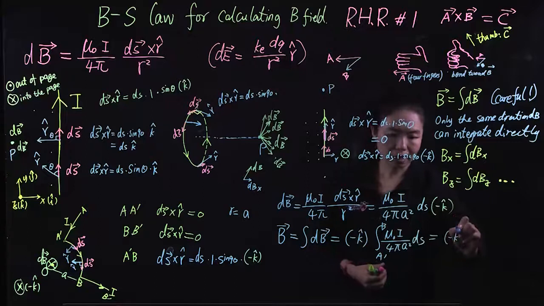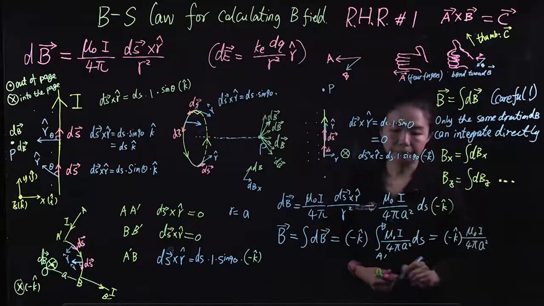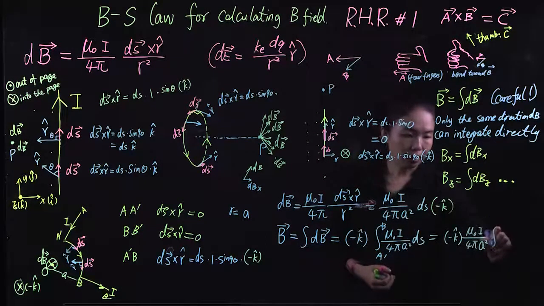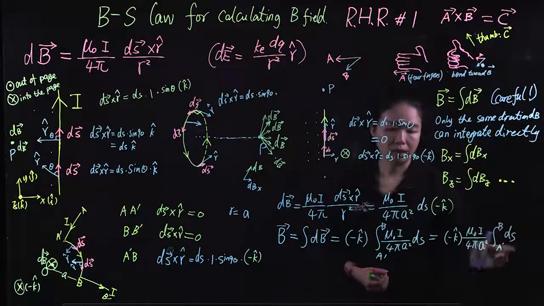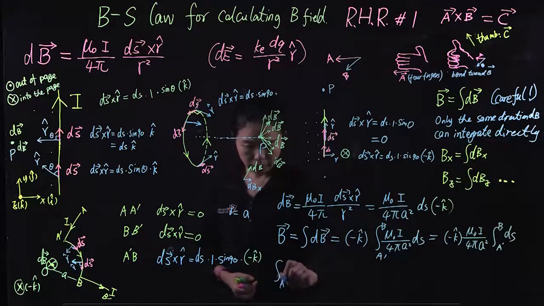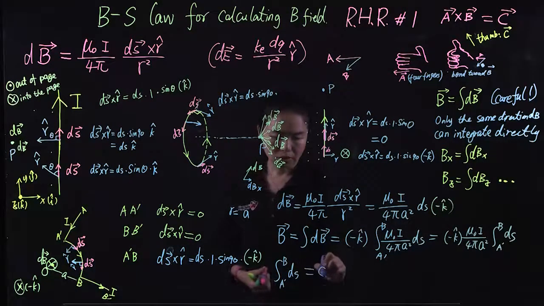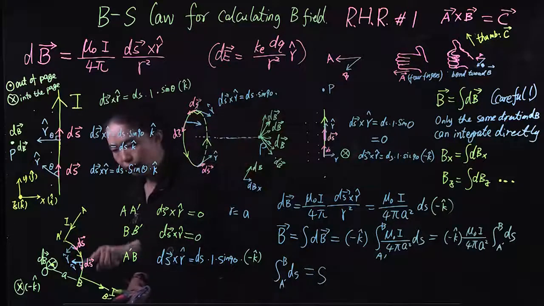You have negative k, which only represents the into-the-page direction, mu 0 I over 4 pi a squared, and then the integral of ds from A prime to B. You're going to find your answer. What is the integration of ds going from A prime to B? You may say, that is equal to the total arc length of this part.